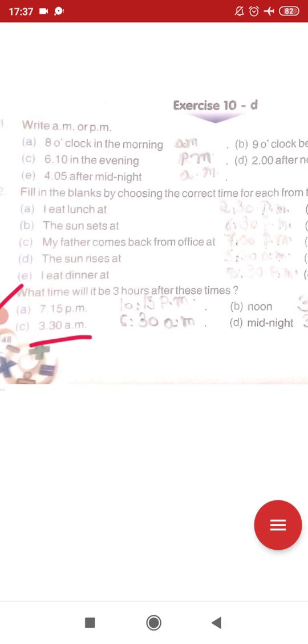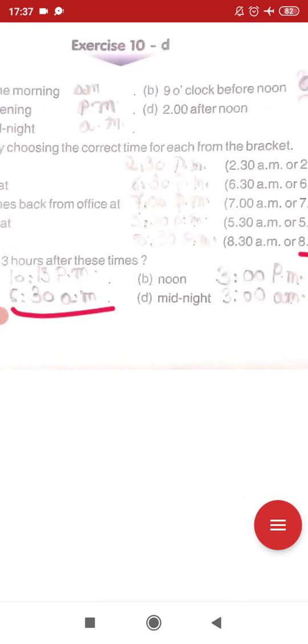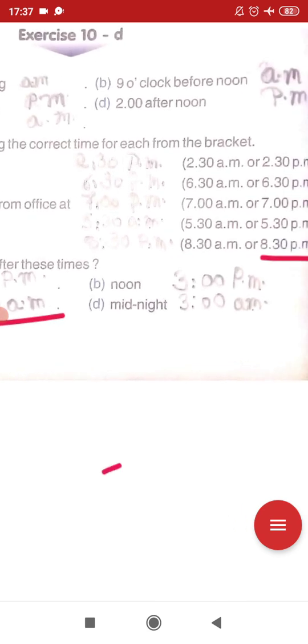If you add 3, then you will get 6:30 a.m. So 6:30 a.m. is the answer. Midnight. What will the time be after midnight? Just add 12 a.m.